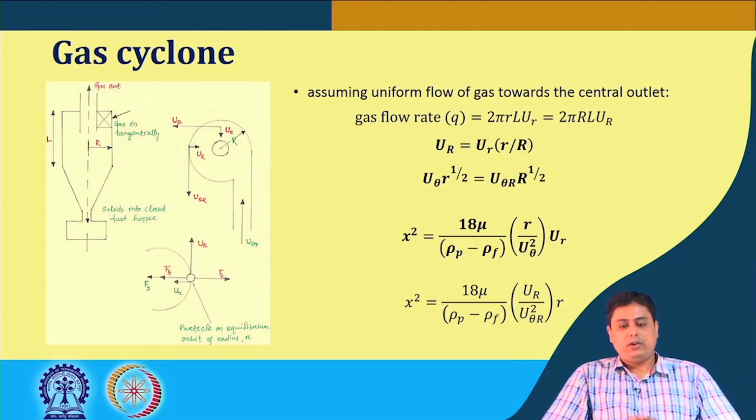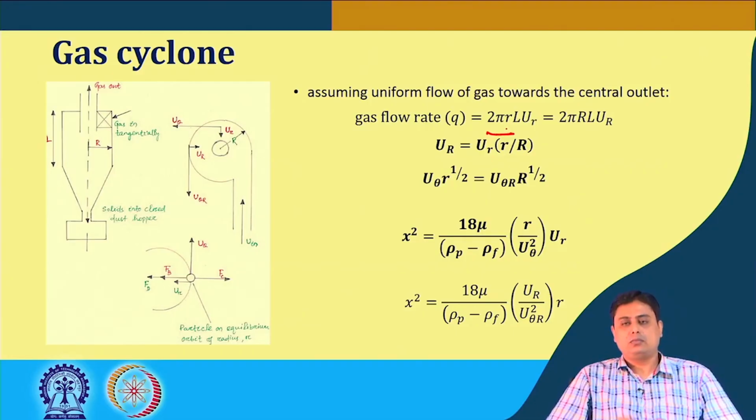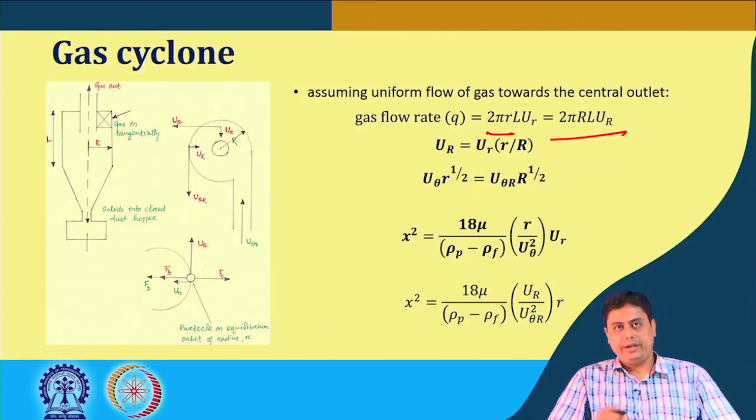So, which means if the gas flow rate Q is known, then 2 pi r small r multiplied by L multiplied by u small r is the volumetric flow rate at this plane of radius small r, which equals 2 pi capital R capital L multiplied by the radial velocity at the wall, where the particle touches the wall at that position.